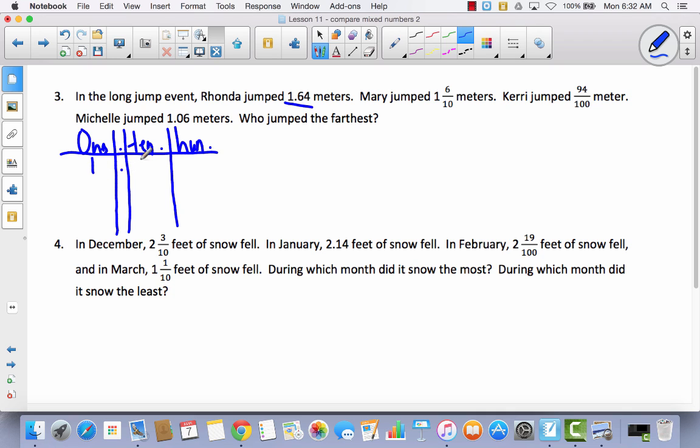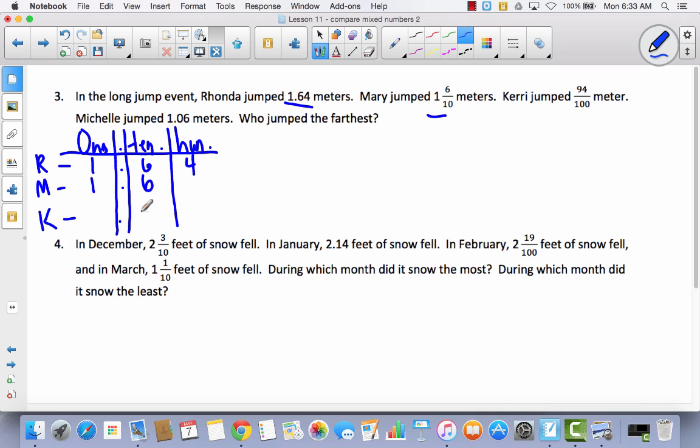So I've got 1 and 64 hundredths, and this is Rhonda. So I'm going to put an R beside this one. And then Mary jumped 1 and 6/10. So let's label this Mary. She jumped 1 and 6/10.